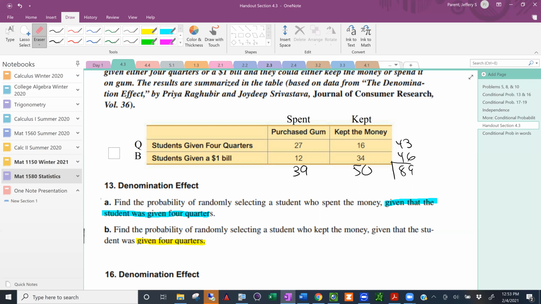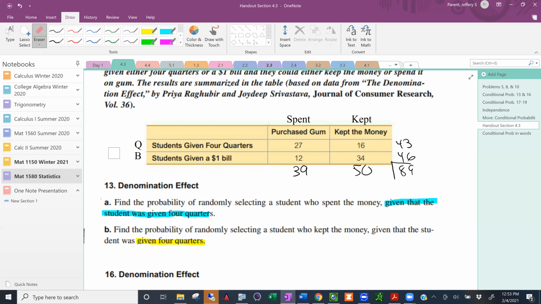Let's look at the first one, problem number 13, part A. Find the probability of randomly selecting a student who spent the money given that the student received 4 quarters. Let's see if we can write that down using notation first.